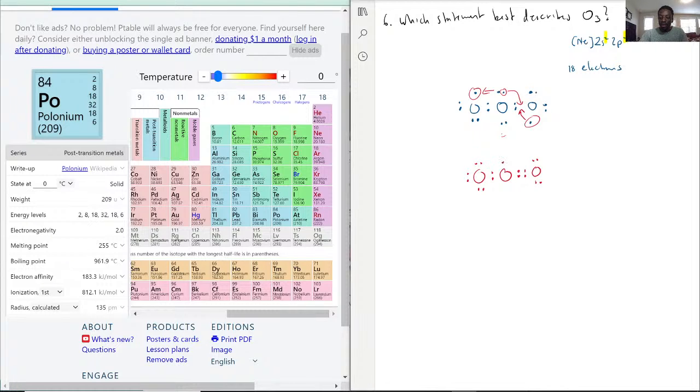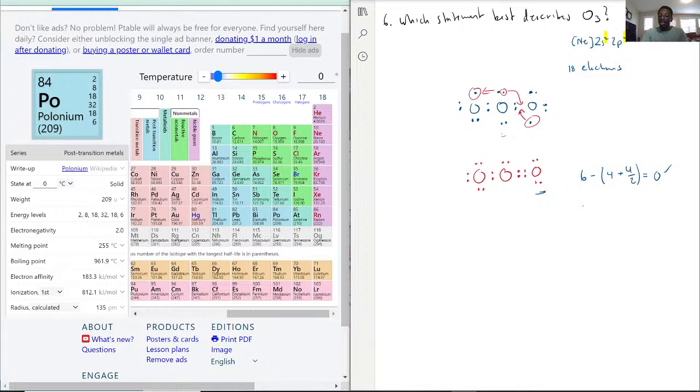It still fills its octet rule for the central oxygen, and each oxygen on the side has filled its octet rule as well. The theoretical charge for each oxygen, starting from the right and going to the left from there, is 6, because that's its valence electrons, minus 4 electrons by itself, minus the 4 it's sharing divided by 2. So 4 plus 2, that equals 0.